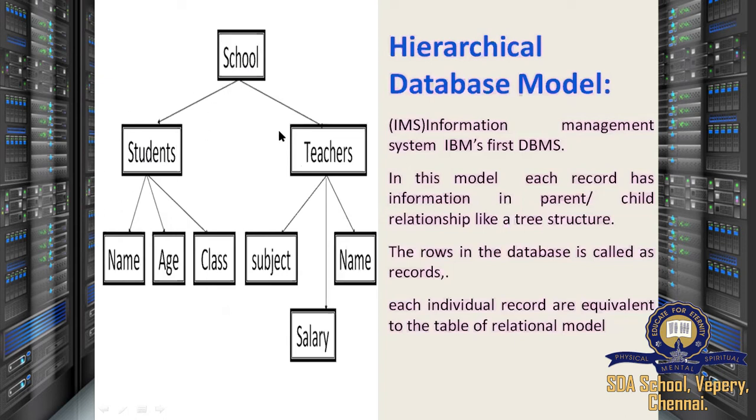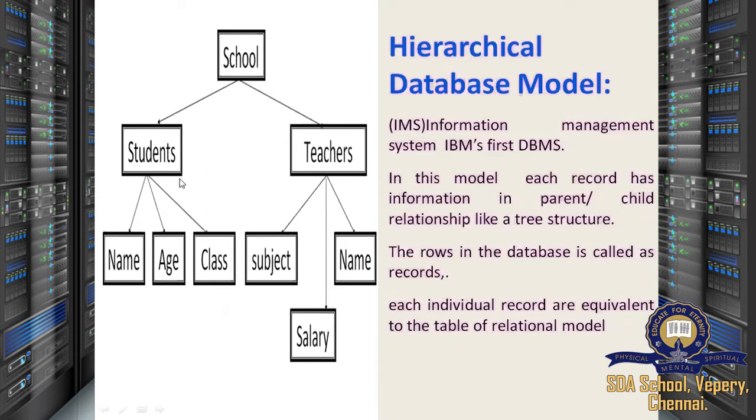This hierarchical database model follows a tree structure. Second, it follows a parent-child relationship. One record to another record has a parent-child relationship. One more thing, the hierarchical database model supports what relationship?